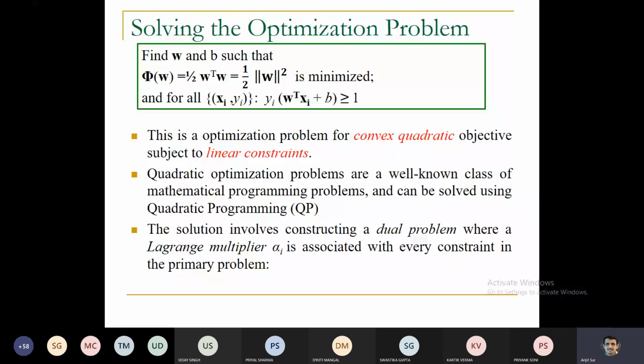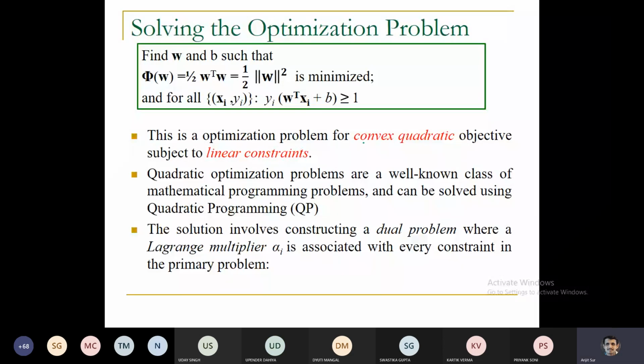So now I read this out because we have to formalize this problem a bit differently. This is a convex quadratic optimization problem: a convex quadratic objective function subject to linear constraints.